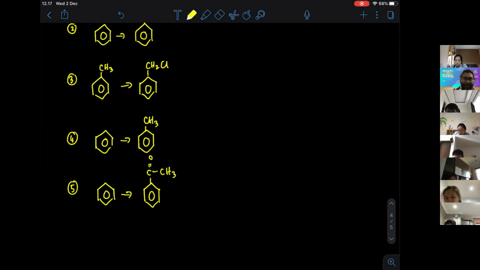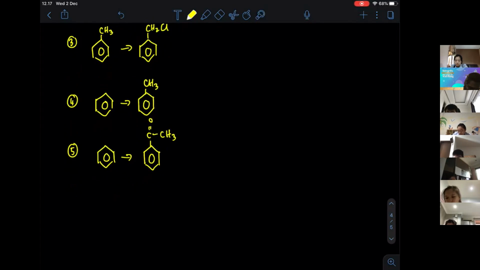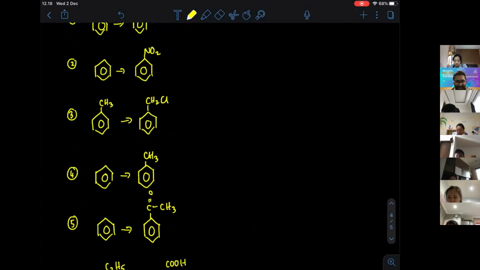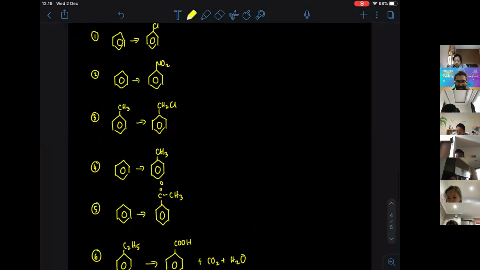And the last one that we just learned is how you change any form of C2H5 or CH3, a methyl benzene or so on, into a benzoic acid, which is COOH. In this case, they are going to give you carbon dioxide and water. So these are the reactions that we have learned until now.